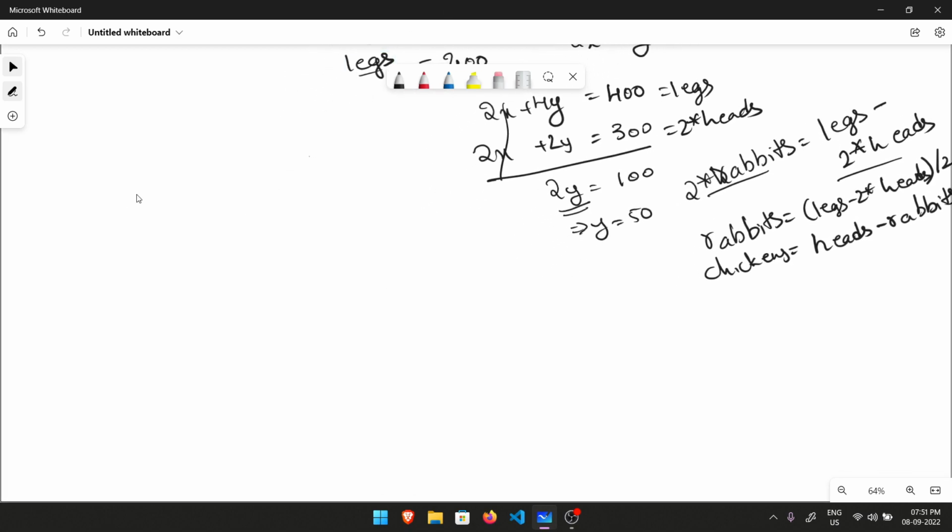We will be implementing this through Python. There are some constraints to be followed to solve this problem. If the number of legs is not even, we cannot find the number of rabbits or chickens, as they are both even-legged animals. We need an even number of legs. Or heads equals 0, or legs equals 0, or legs less than heads.